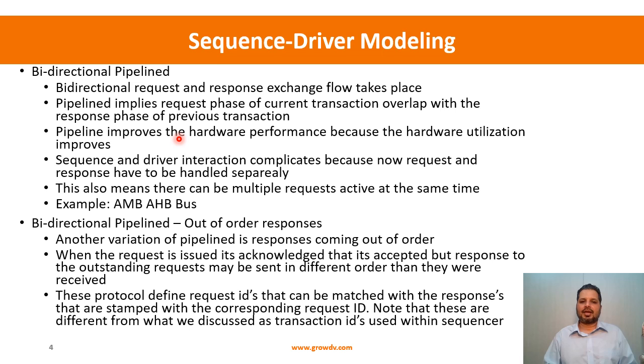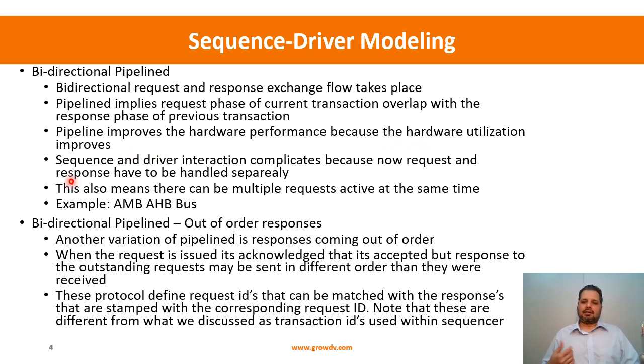It's not getting utilized. But when you implement a pipelined bus protocol, your goal is to improve the overall efficiency. So you keep multiple transactions active, and when certain combinations of transactions take place, the entire bus can be kept utilized, right? That is the whole idea of pipelining. Pipelining improves hardware performance as well, because hardware utilization improves.